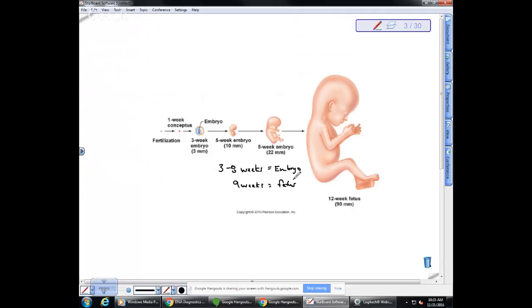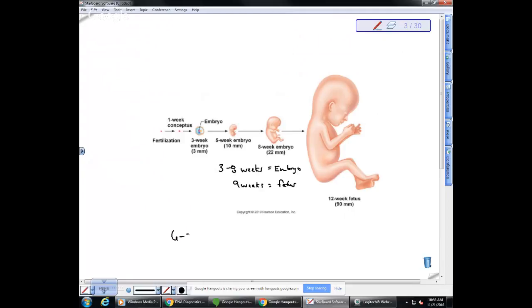So again, fertilization has to take place in the uterine tube or the oviduct. And so it's going to take a little bit of time for implantation to take place. So implantation generally occurs within, let me see if I can find my notes here, 6 to 7 days.